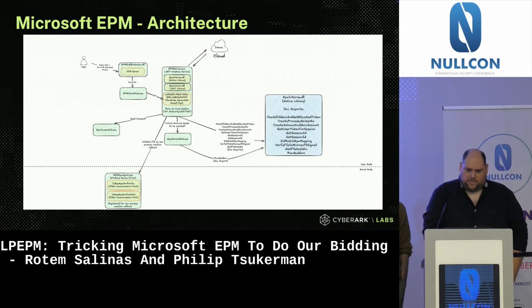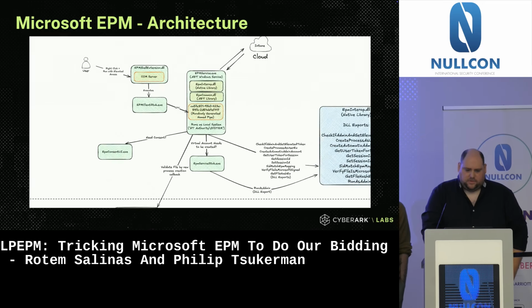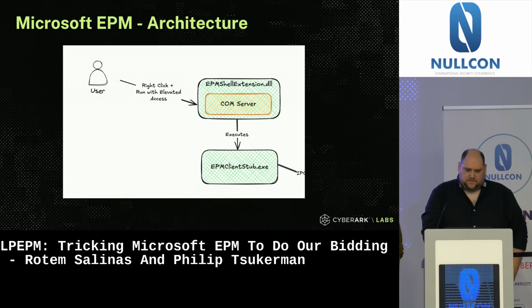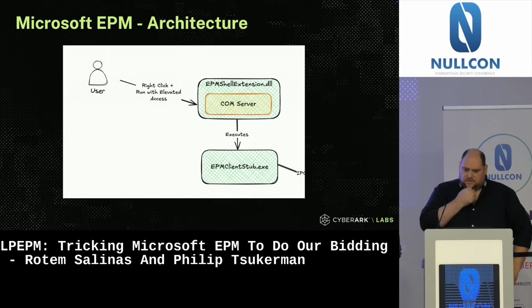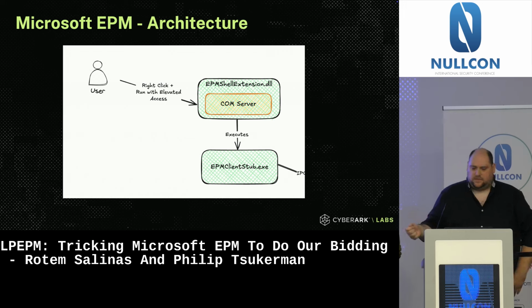While we reverse engineered the EPM system, we came up with this architecture, and let's take a close-up look. The first component is the EPM shell extension DLL, which is a shell extension, actually a COM server, that extends the right-click context menu with the "Run with elevated access" button.